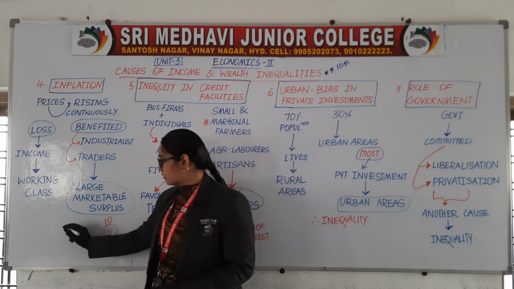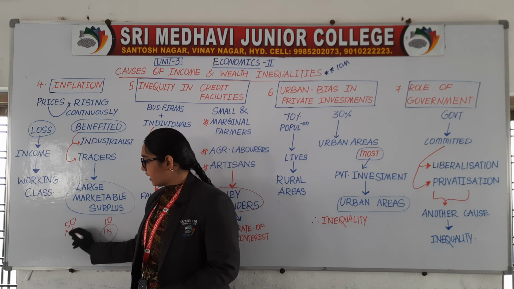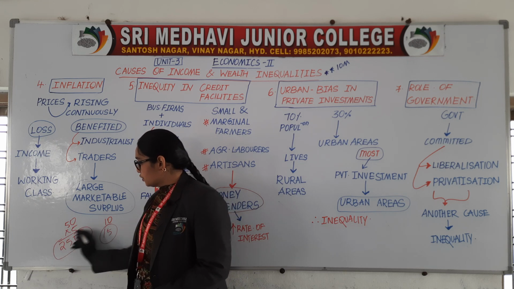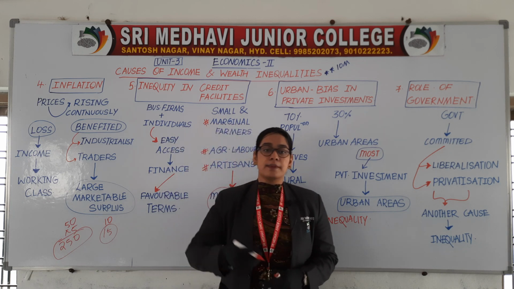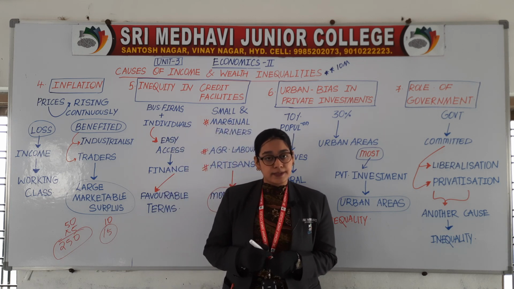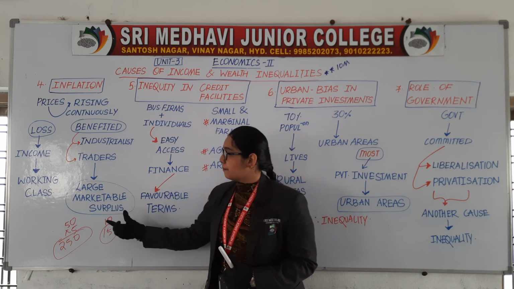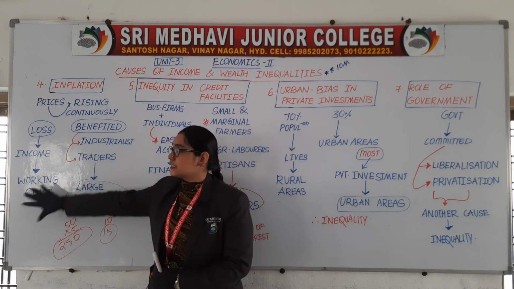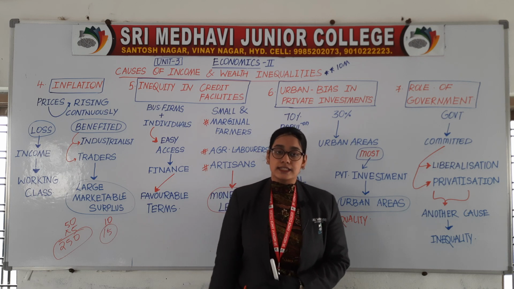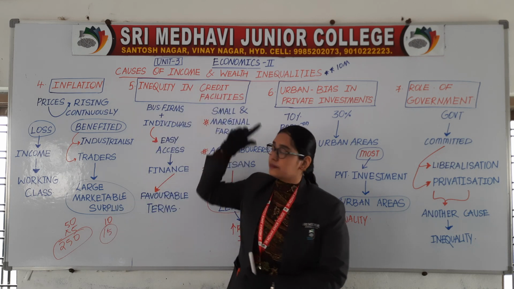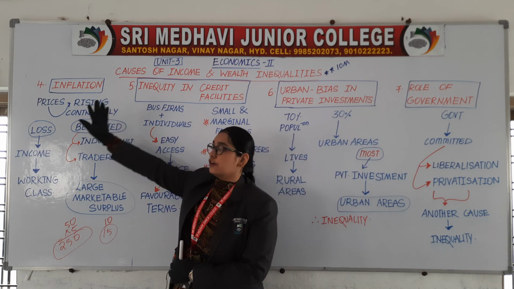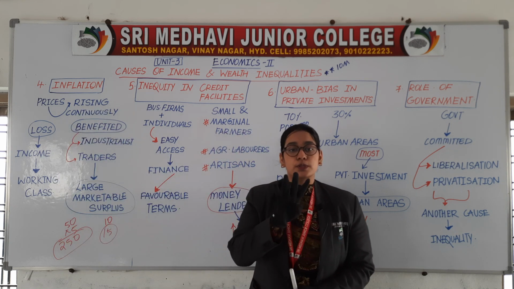So 50,000 into 5, nearly 250,000 extra money I am getting. Am I right? So it is beneficial for industrialists and traders, whereas it is a loss for the working class. So again we are getting income and wealth inequalities. Because of which reason? Because of inflation, which is our fourth point.